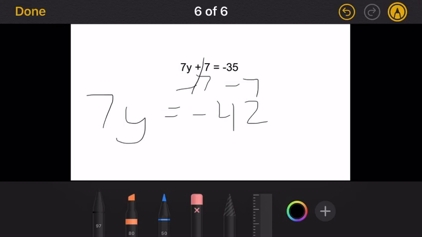You see how this pattern kind of continues? Just adding those two and then throwing on the sign at the end if they have the same symbol. So with that being said, we got 7y equals negative 42. I'm going to divide by 7 on both sides. Y equals, what's negative 42 divided by positive 7?